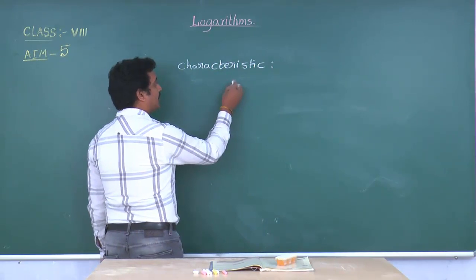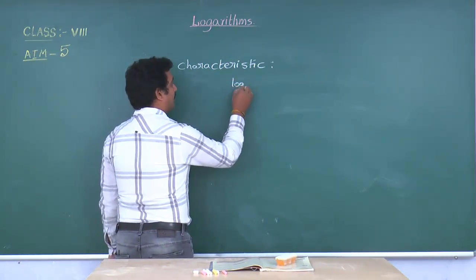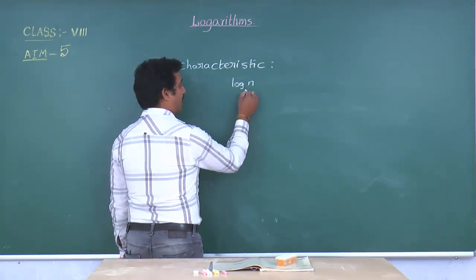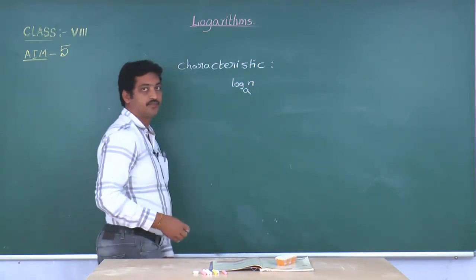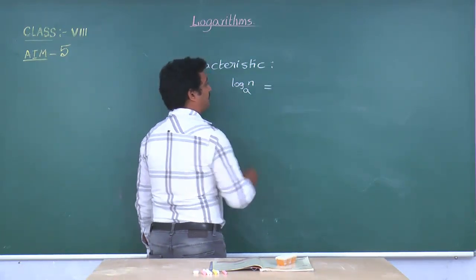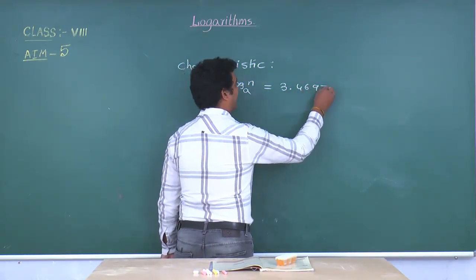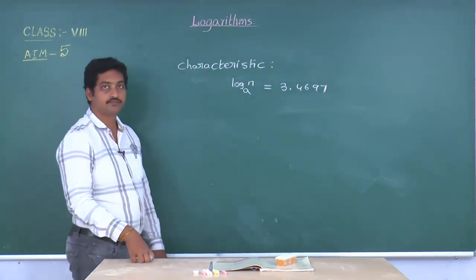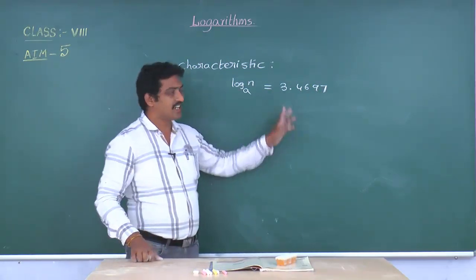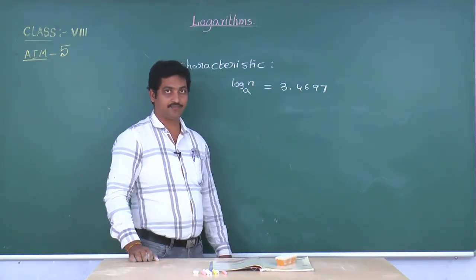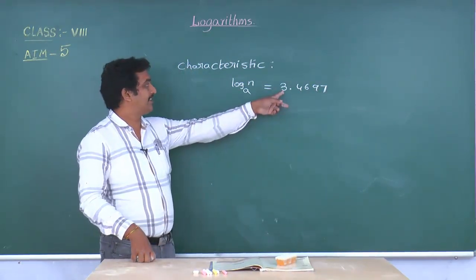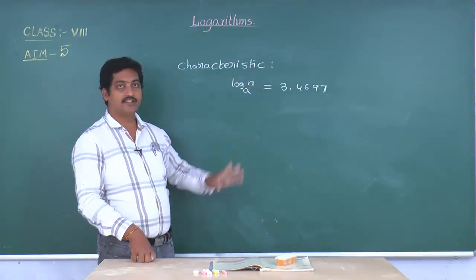Suppose log n to the base a is equal to 3.4697. What is its integral part? 3. This 3 is called the characteristic.